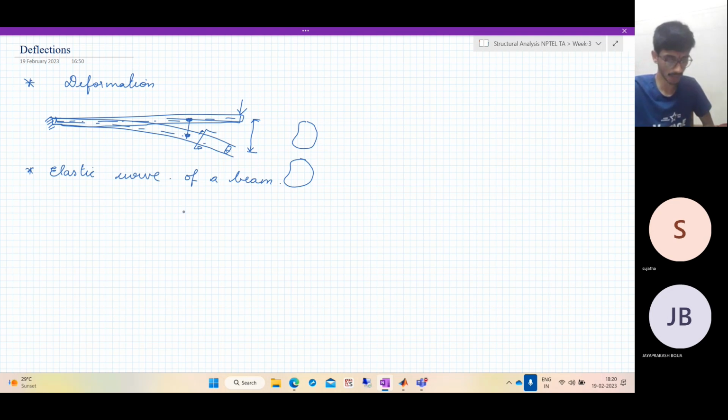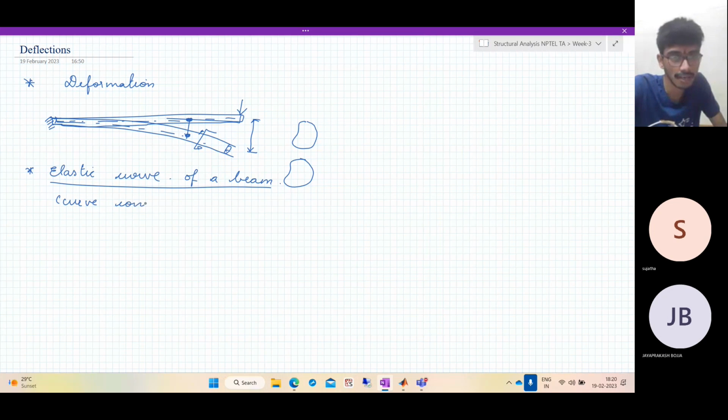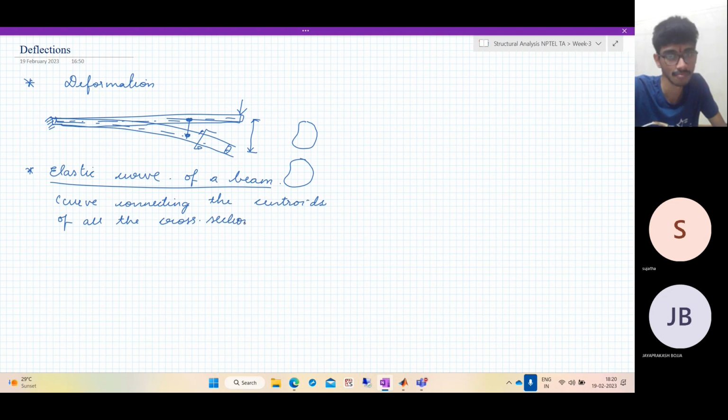It is a curve connecting the centroids of all the sections in the deformed beam.